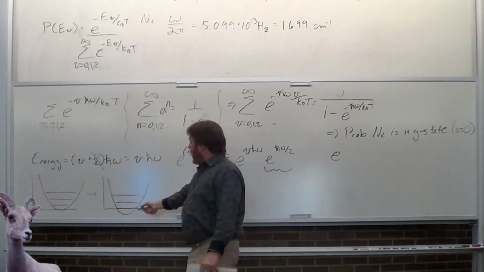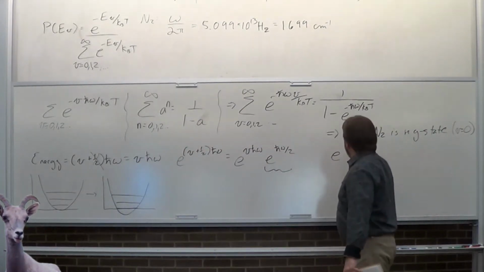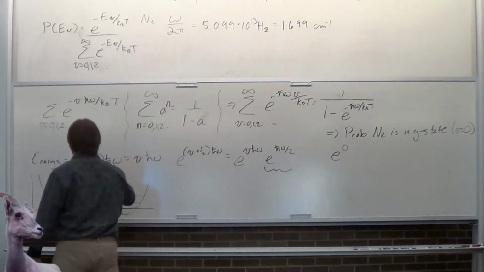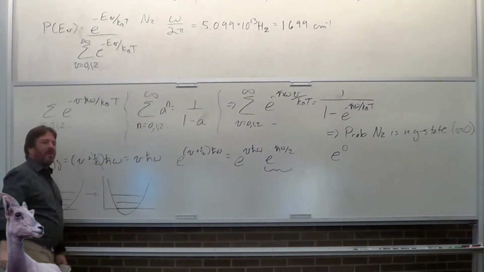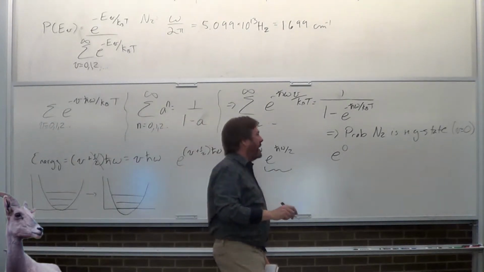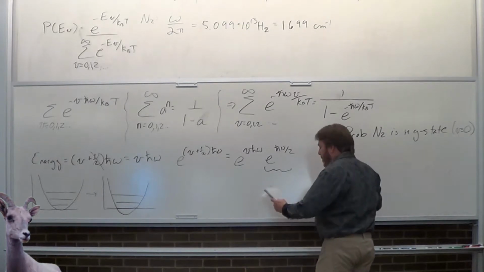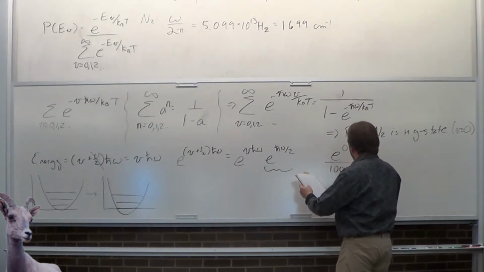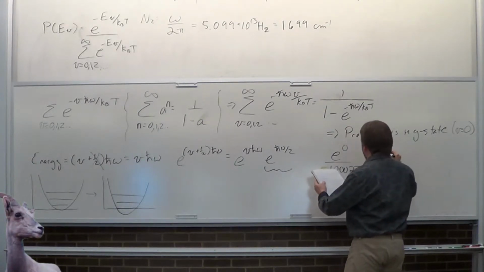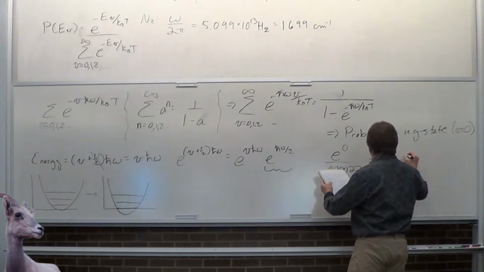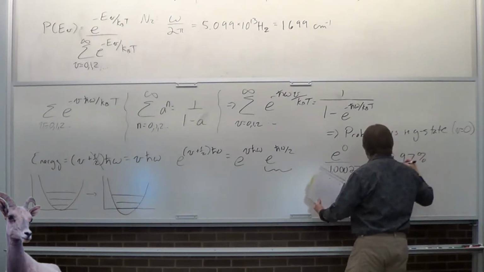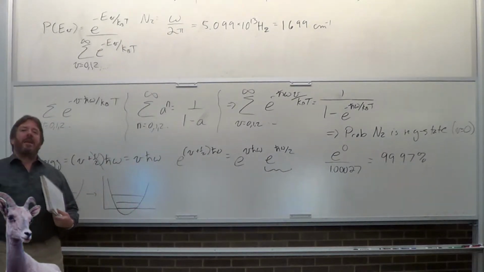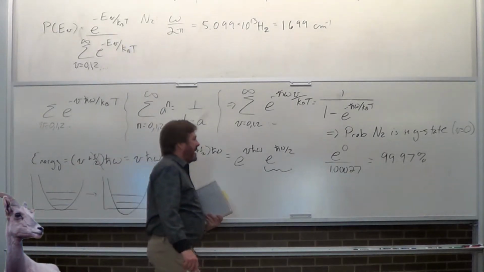Because of the way I redefined the potential energy surface, the energy of the ground state is 0. And you see, again, it is way easier to shift this down a bit because it doesn't matter, it just makes everything way easier. And this sum ends up being, again, I plug in numbers, 1.00027. And that is, of course, a very big number, that's very close to 100%. There you go. Overwhelmingly, nitrogen is in the ground vibrational state.